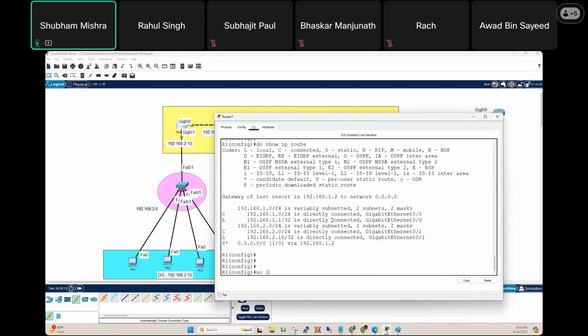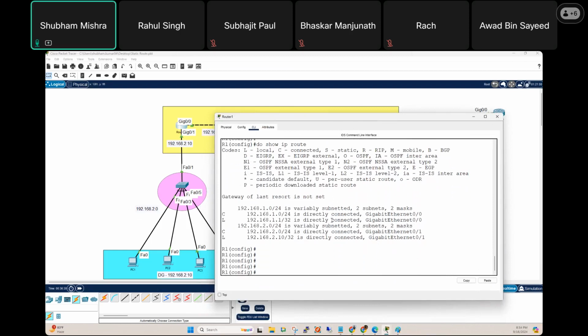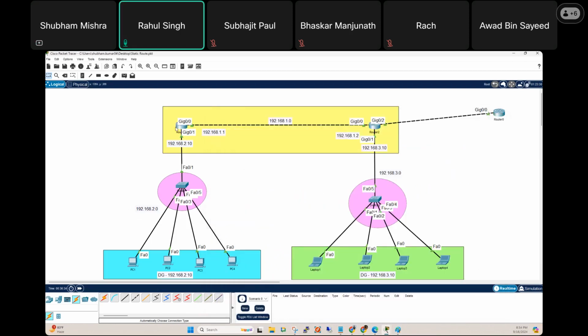No IP route 0.0.0.0 0.0.0.0 192.168.1.2. Done. Remove everyone. So on R1, I remove all the routes here, and on R2, I remove all the routes here. Done? Everyone, yes or no?